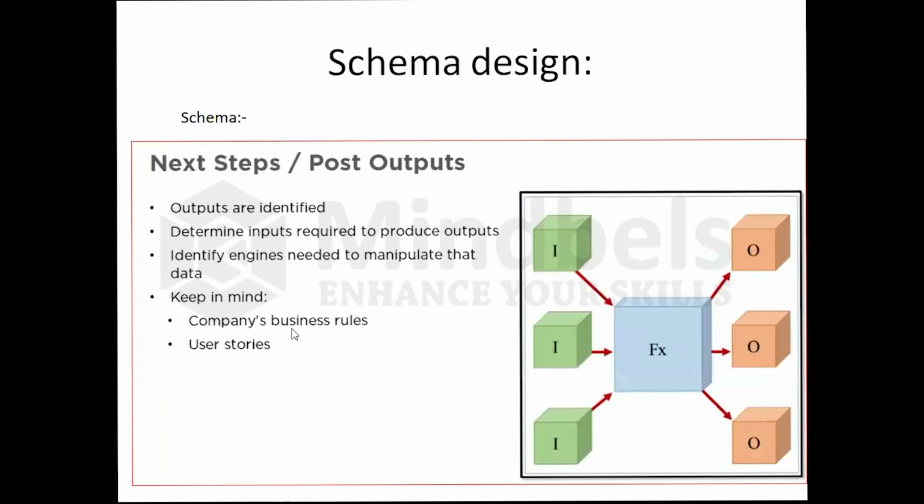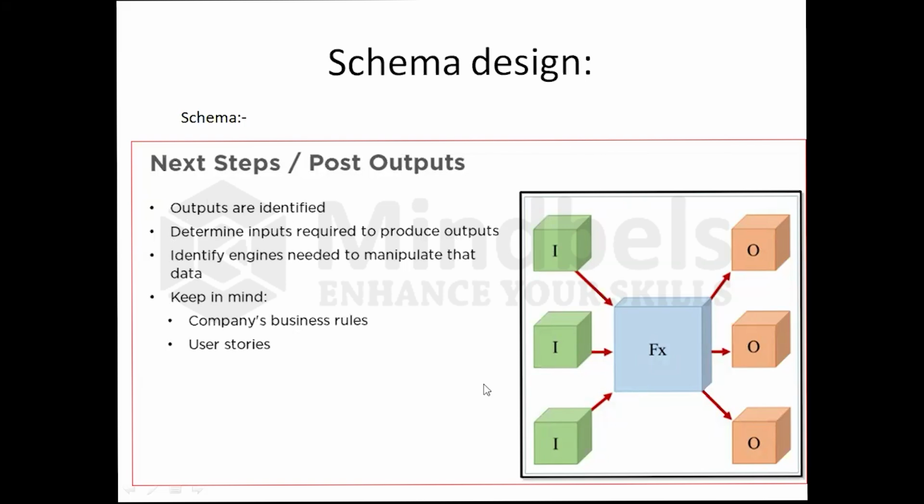Now, if you understood the UX page, like in the first slide we discussed, after the UX page we come to the next step, that is your output, input, and calculation modules, right? Once you are clear with the UX page, you can identify what outputs are required. So these will cover all your output modules. Then determine the input required to produce the output.